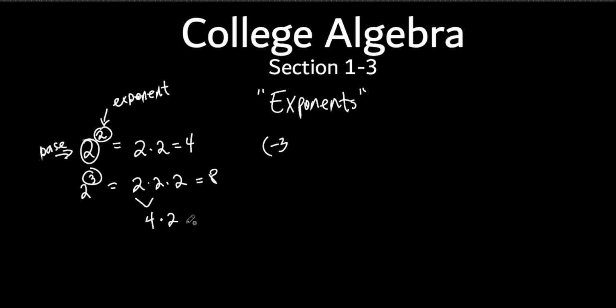It's times. It's multiply. It's not add. It's not 2 plus 2 is 4 plus 2 is 6. It's not plus. It's times. 2 times 2 is 4. 4 times 2. What's double 4? 8. All right. So it's 8. So it's multiply. These dots mean to multiply.